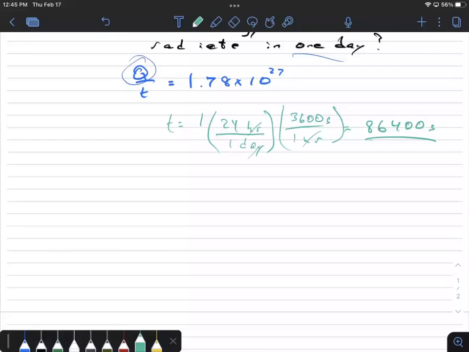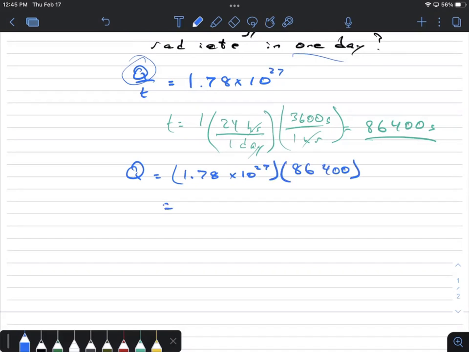I now know the time in seconds, so I go back to my original equation and solve it for Q. Q is 1.78 times 10 to the 27 times T, and T is 86,400. And so now I get my final answer.